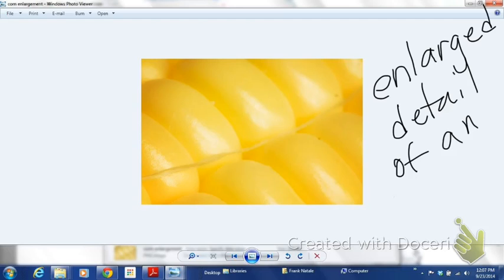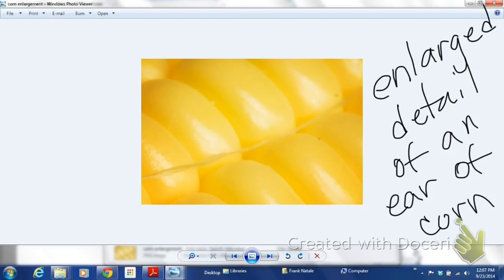Because you can see the little kernels here, and you can see the little strand here, the little hairy fibrous piece going across there.